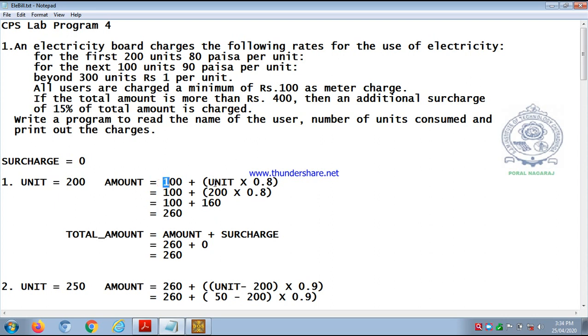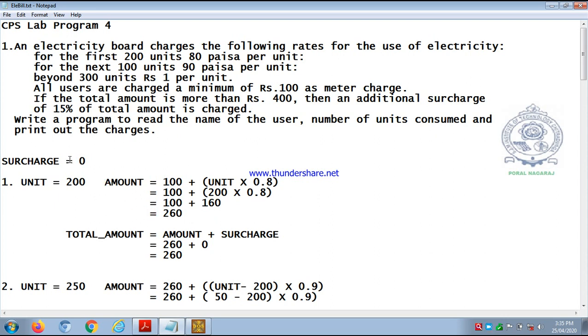Amount is equal to 100 plus unit into 0.8, where 100 rupees is the meter charge and 0.8 is 80 paisa per unit. So 100 plus 200 into 0.8, that will be 100 plus 160, 260. So 260 rupees is the amount.